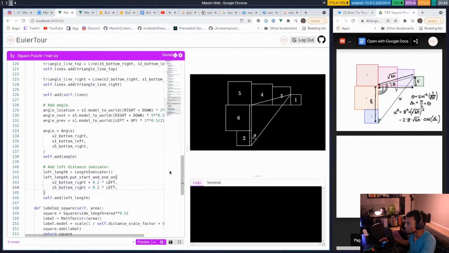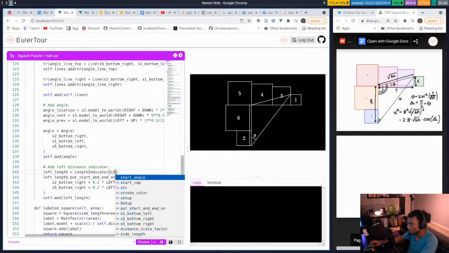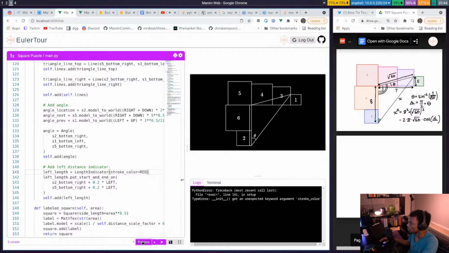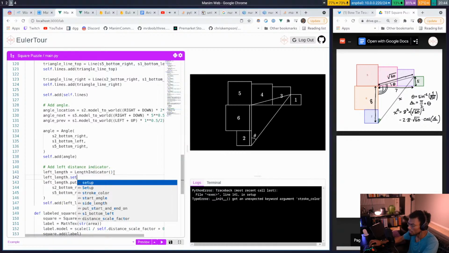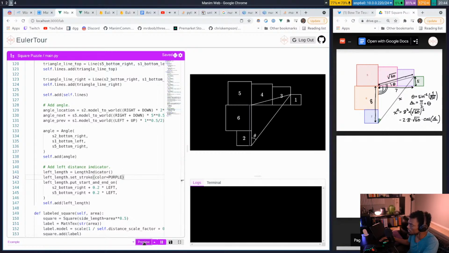Okay, and this is probably gonna have to have some color to it. Let's make that red or something. Oh, I can't pass the stroke color here. I guess I don't think that matters. I don't know, purple, sure. No, I'll go with blue. Yeah. Great.